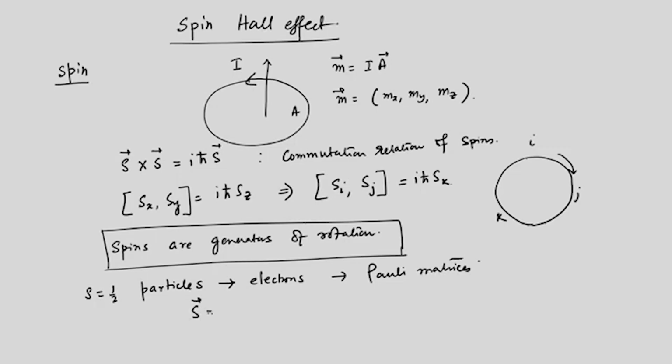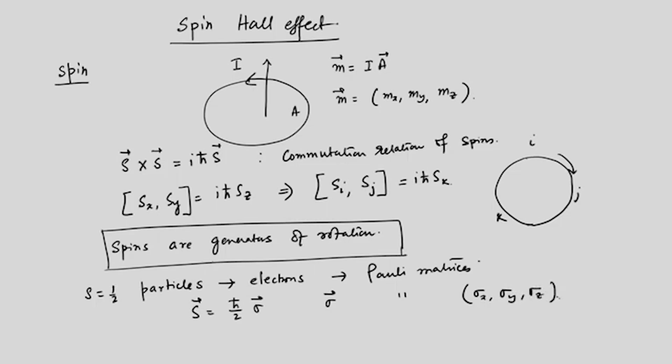So, S is written as h cross by 2 times sigma, where S is the spin vector and sigma are the Pauli matrices, and they have components such as sigma x, sigma y, sigma z and so on.